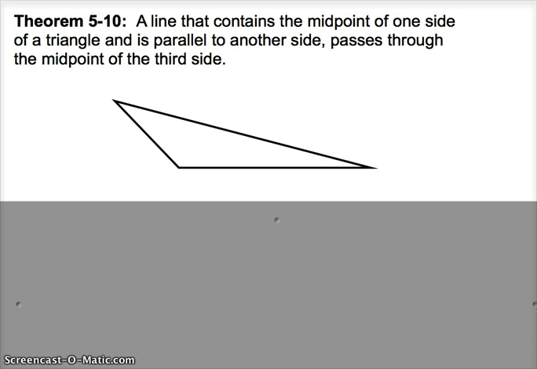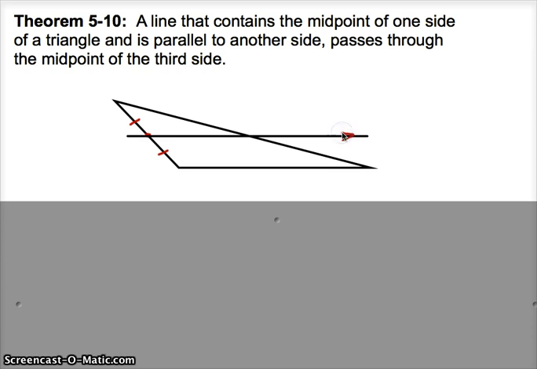Theorem 5.10. A line that contains the midpoint of one side of a triangle and is parallel to another side passes through the midpoint of the third side. So let's start looking at this in pieces. A line that contains the midpoint of one side of the triangle. So if I go to this side and find the midpoint, if I want to draw a line that's parallel to another side, so I'm going to draw a line that happens to be parallel to the bottom.